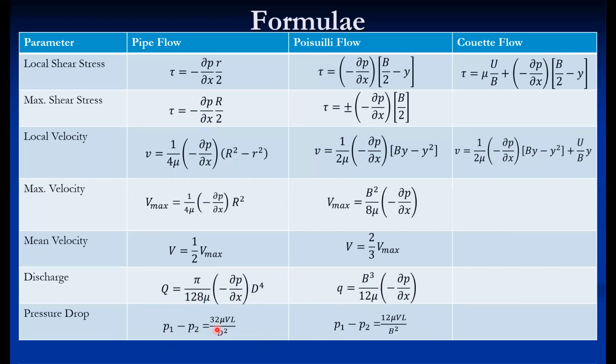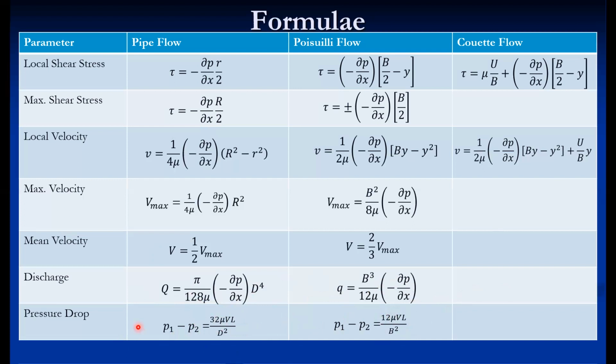Pressure drop expression, yes, we have to memorize this expression. That is P1 minus P2 equals 32 mu V L by D square for pipe flow. And only 32 is replaced by 12 and D is replaced by B. That is 12 mu V L by B square. So these two expressions we have to memorize. Only one expression and the changes in the other expression.